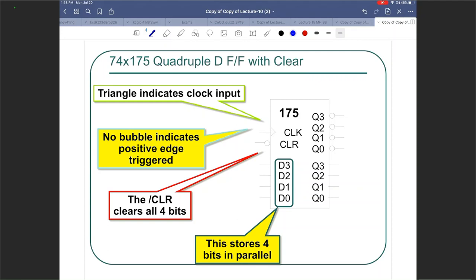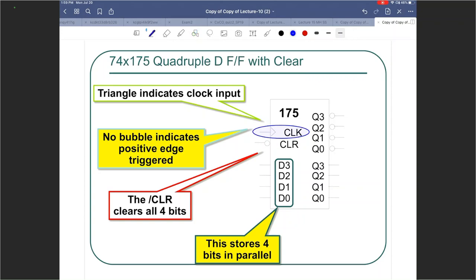The first thing that I notice is the clock. The moment I see the clock, I see that it is edge triggered. The triangle indicates that you have the clock inputs and there is edge triggering. And it is a positive edge triggered D flip-flop behavior. The clear is an active low input, right?